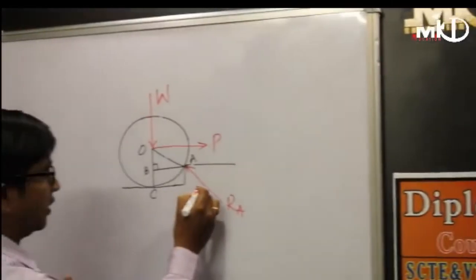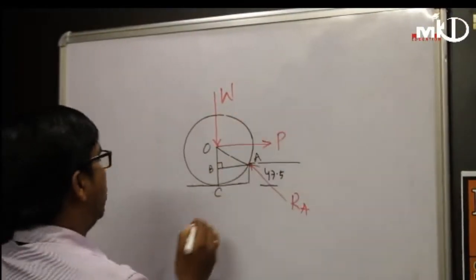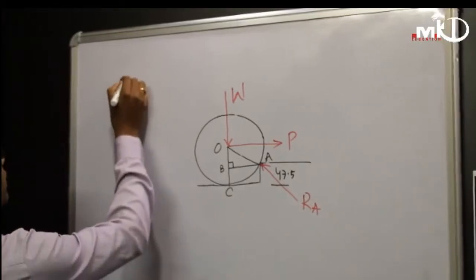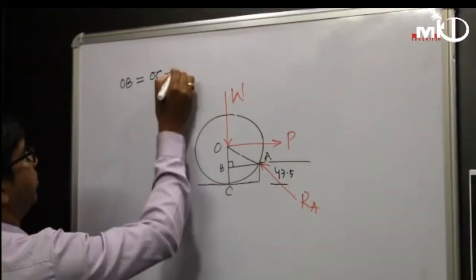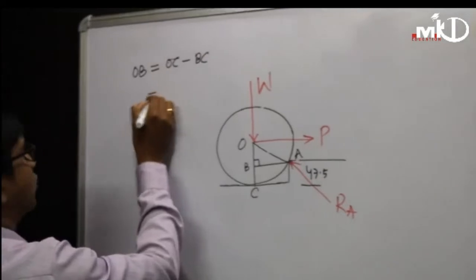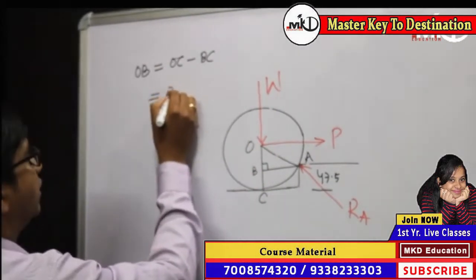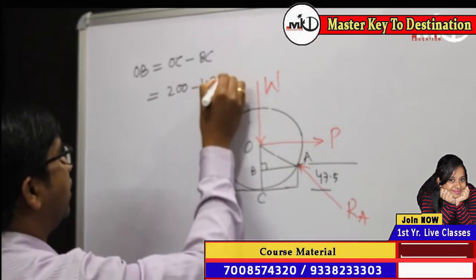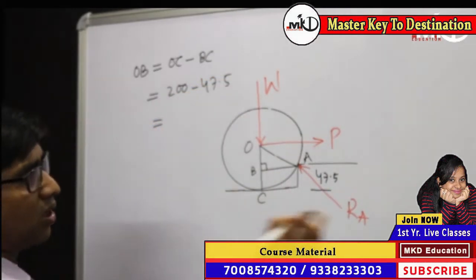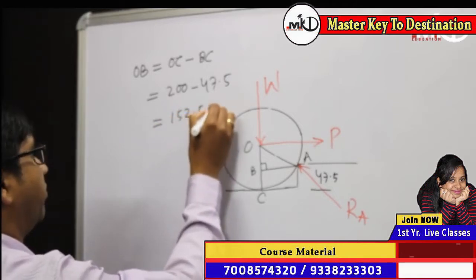If you see, this is 47.5. So here we will find OB, which is equal to OC minus BC, and OC of course is the radius, that is 200, minus BC, which is 47.5. So this comes to 152.5 mm.